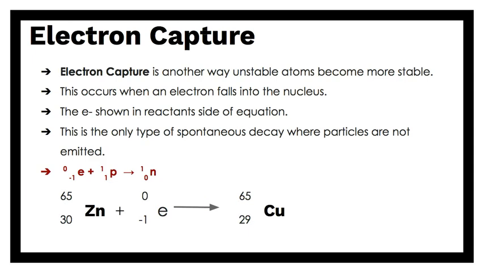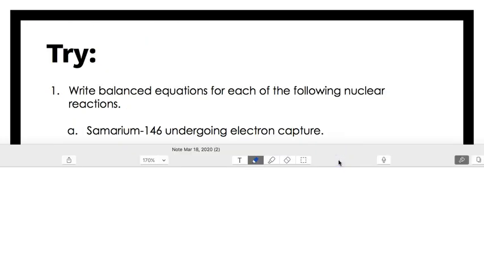Okay, so let's go ahead and try that one. Samarium, so we're going to write SM. It has a mass of 146. Samarium has an atomic number of 62. It undergoes electron capture, so it's going to capture an electron, right?